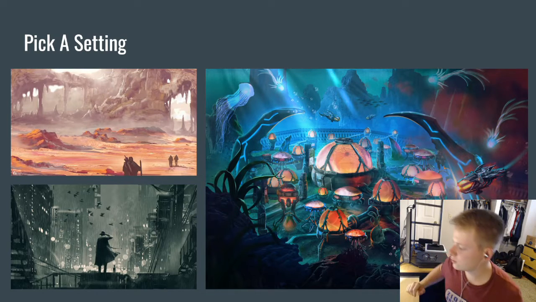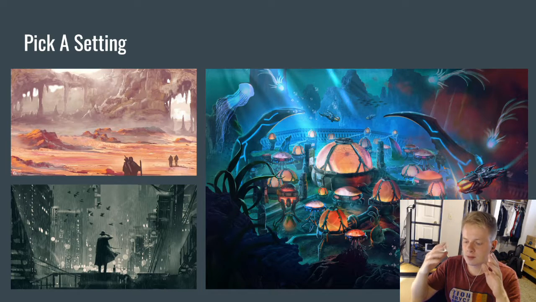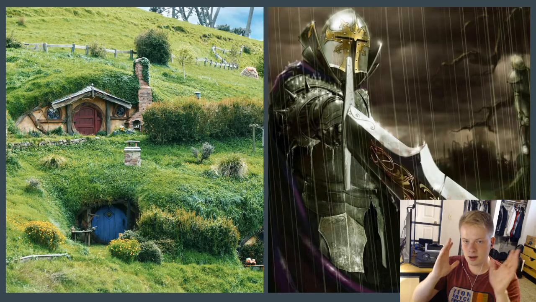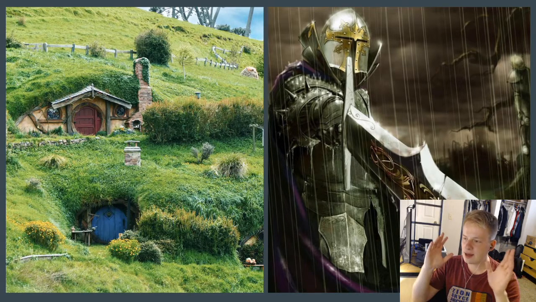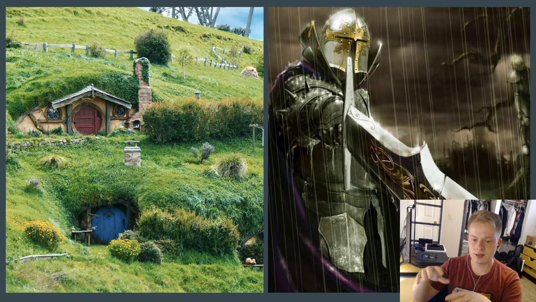So for example, if you're doing a mythic fantasy and a sword and sorcery fantasy setting, those are two very geographically similar settings with two very different tones.